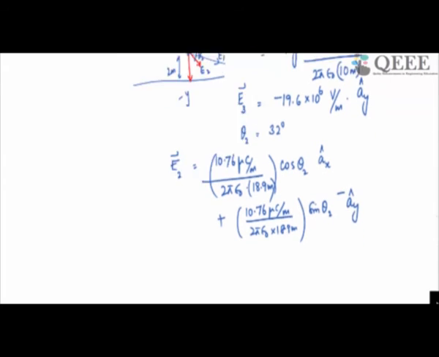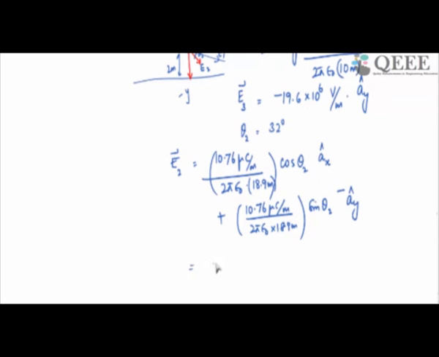You are just writing it as two components. This is actually minus 5.4 AY plus 8.66 AX if we work it out. All these things would require a calculator for you to do the calculation, and this is into 10 power 3 volt per meter. Sorry, this 19.3 into 10 power 3.